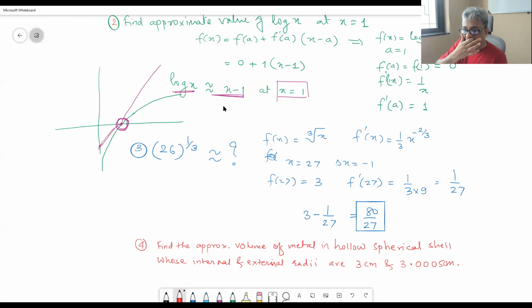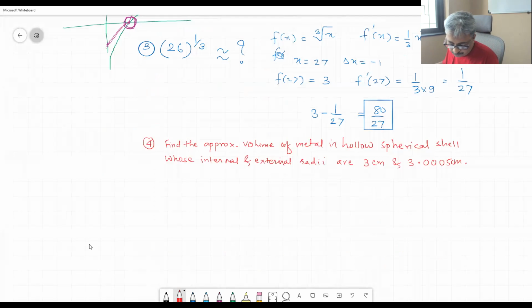What you are required to do is find out the volume of the sphere whose radius is 0.0005. So you will define the function as y is equal to x cube.